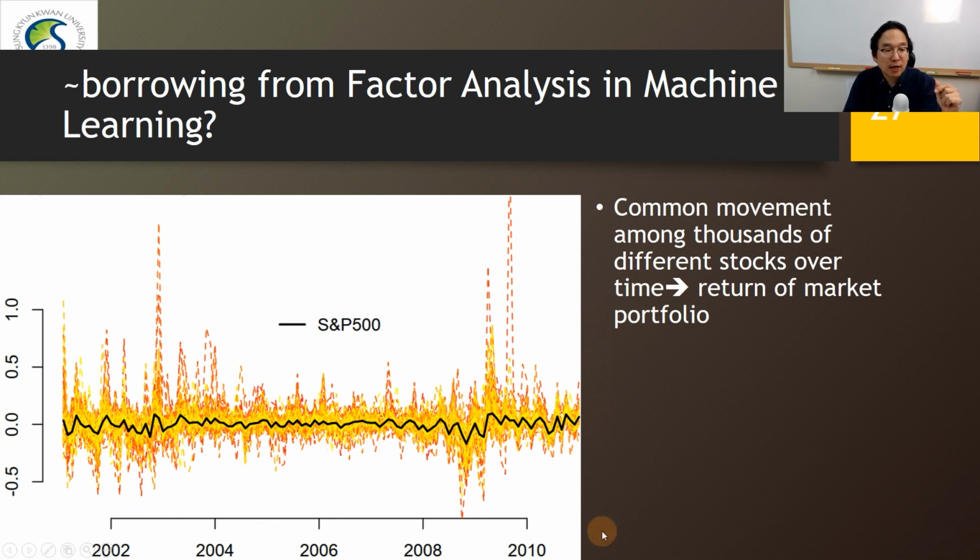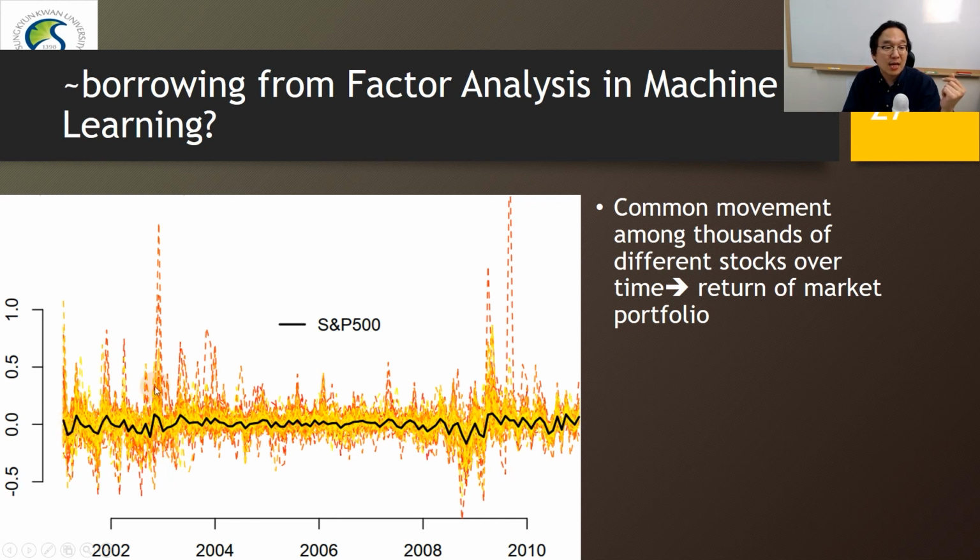Over time, the graph shows 500 different stocks in the S&P 500 composite, right? 500 US stocks, their monthly returns are shown over here. It goes everywhere, different colors, right? And then what is the commonality over there?